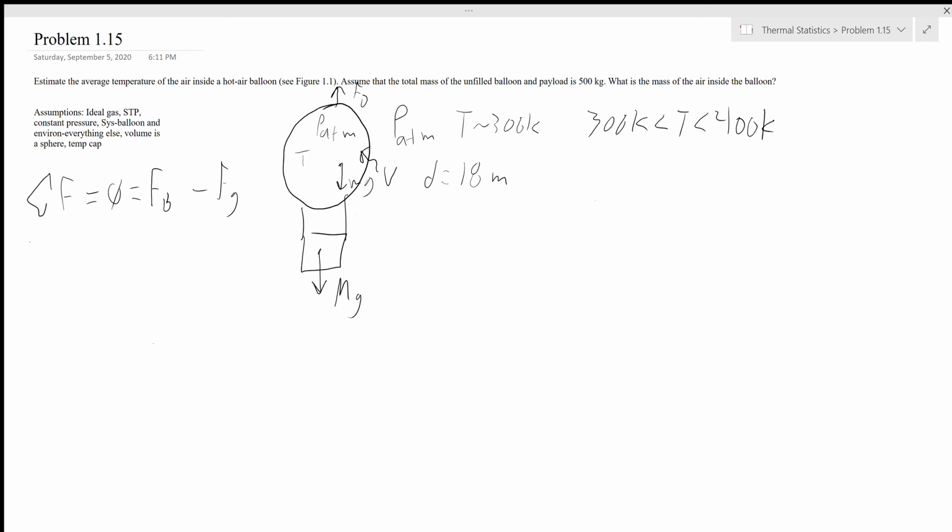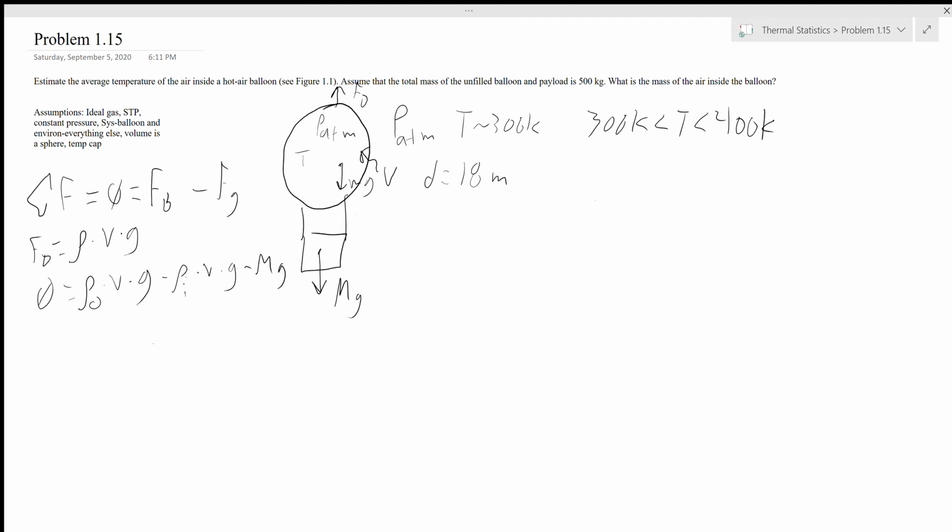So the force of the buoyancy is the density times volume times g. Since I have two buoyancies to work out, remember it's the outside air and the inside air, I can say that the sum of all the forces is the density of the outside air times volume times g minus the density of the inside air times volume times g minus big Mg.